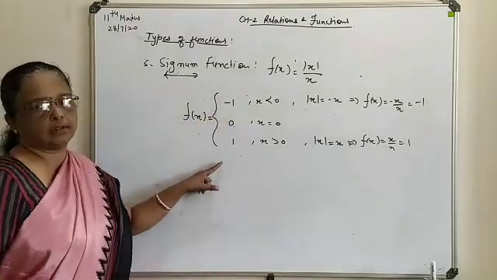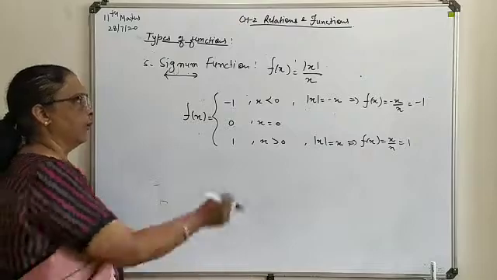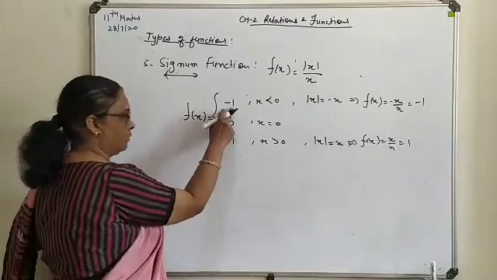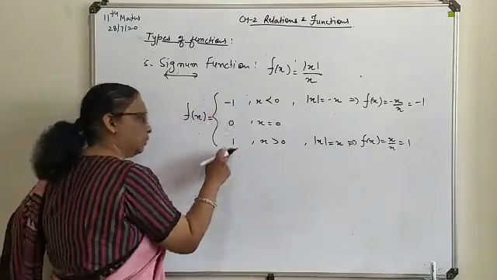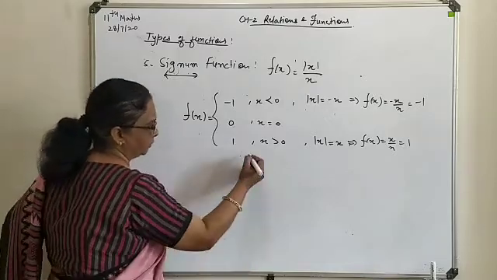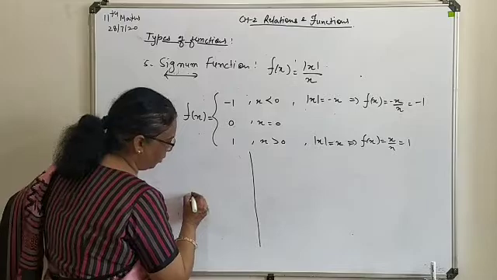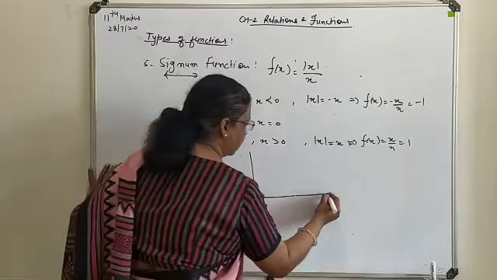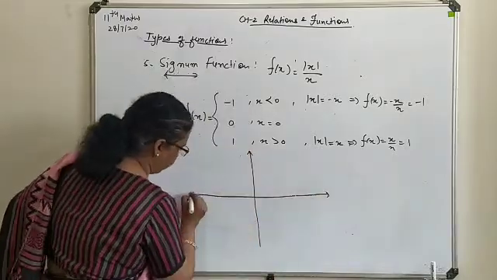Now try to locate all this on a graph. For all negative solutions, the answer will be minus 1. For all positive solutions, the answer will be plus 1. Here no particular point is required, but if you want to make a point, that is also possible.